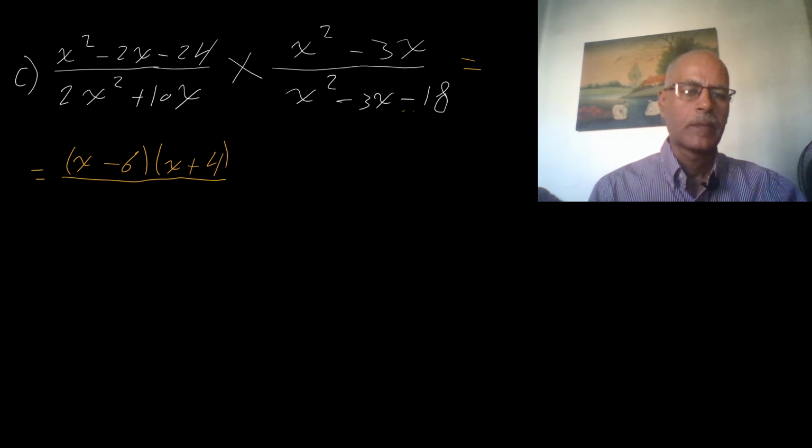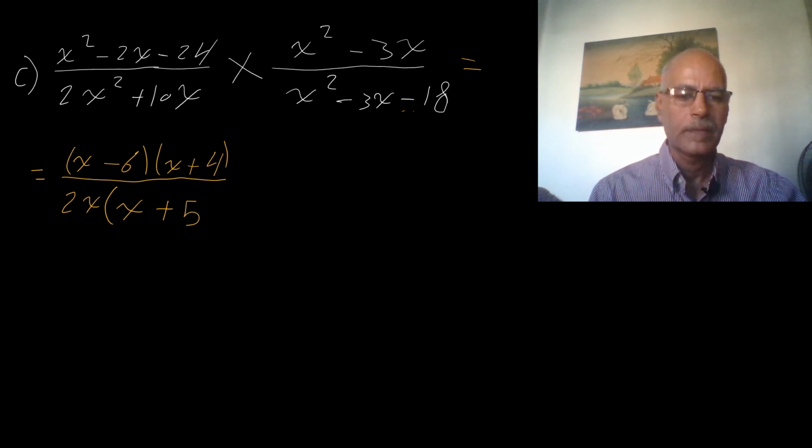And down, 2x squared plus 10x. Let's take 2x common. 2 over 2 is 1. x power 2 over x will be x. Plus 10 over 2 is 5.